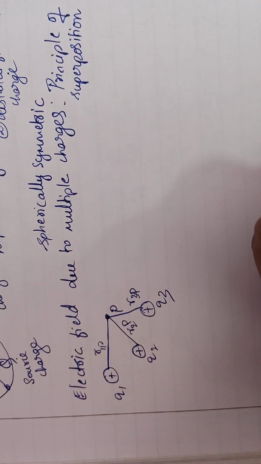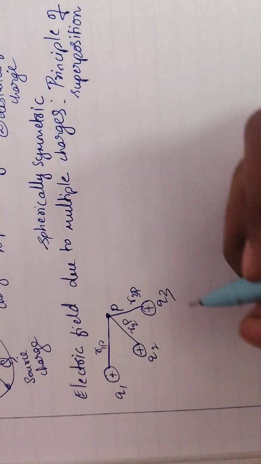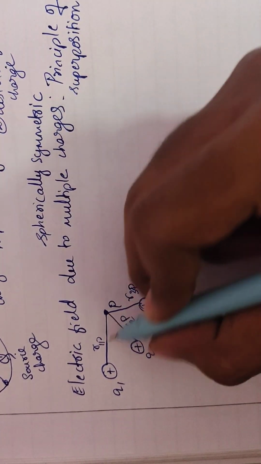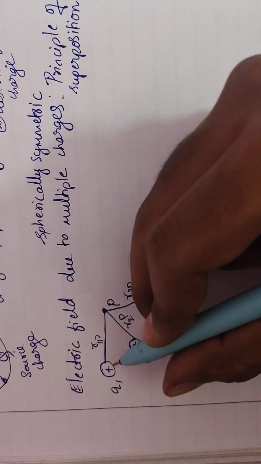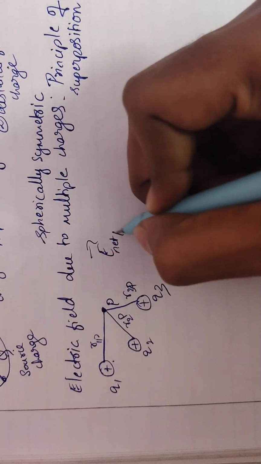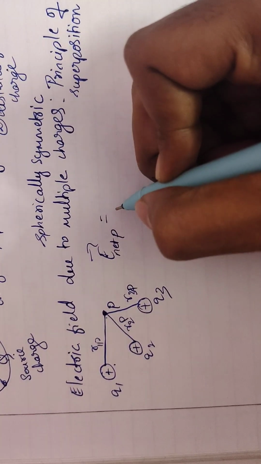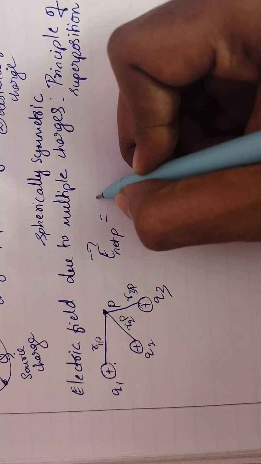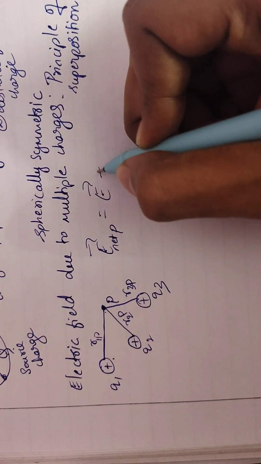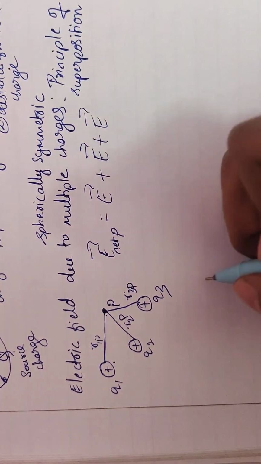So previously what you have learned for charges, for force, just extend that here. If you have more than a single charge, the net electric field at any point P in three-dimensional space is nothing but the sum of the individual electric fields at that point due to all the charges.